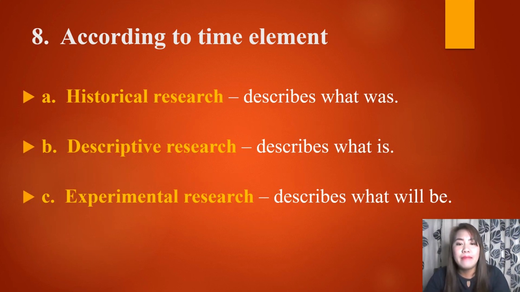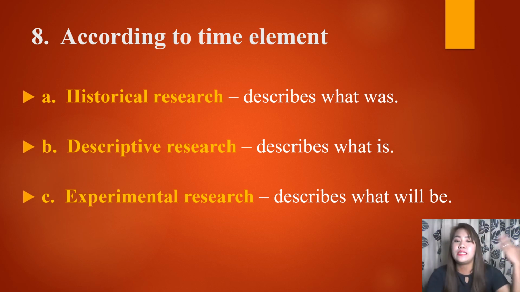And according to time element, we have historical research, descriptive research, and experimental research. For historical research, it describes what was. Okay, what was, so that is past. So, it generates descriptive and sometimes attempted explanation of conditions, situations, and events that have occurred in the past.